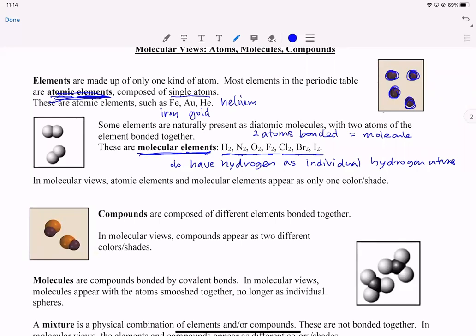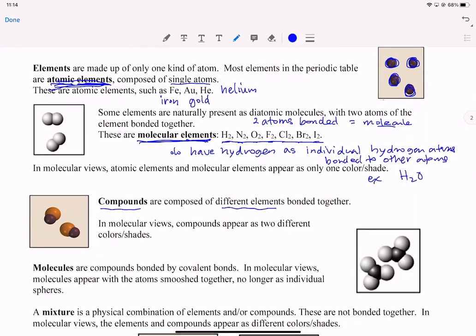And you will have hydrogen bonded to something else, so bonded to other atoms. An example being H2O, okay, which is a molecule, but now it's called a compound. When you have a compound, those are different elements that are bonded together.